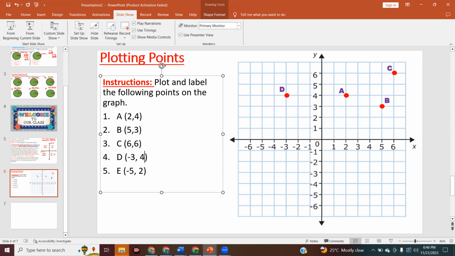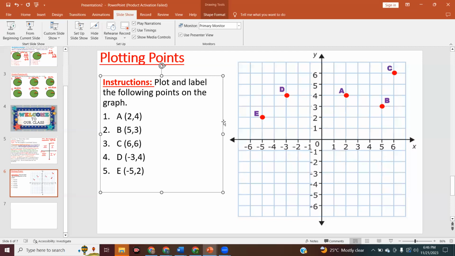We start at the x-axis at what? -5. Very good. We start at -5 and we go up what? Twice, right? 1, 2. So that's gonna be E. Make sense? Yes, sir. It's gonna be E.